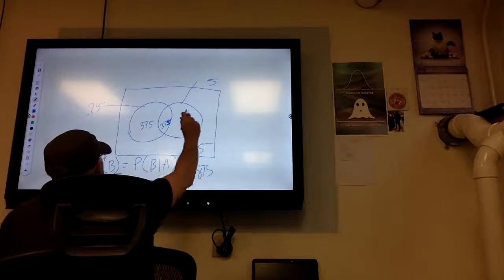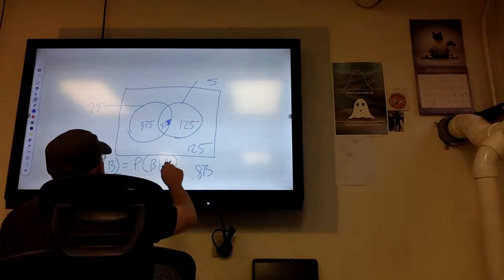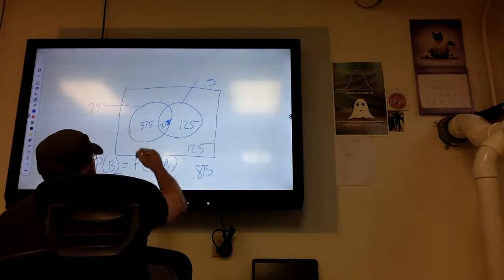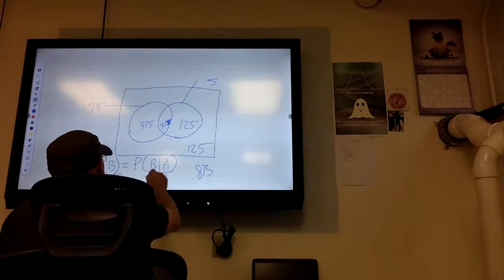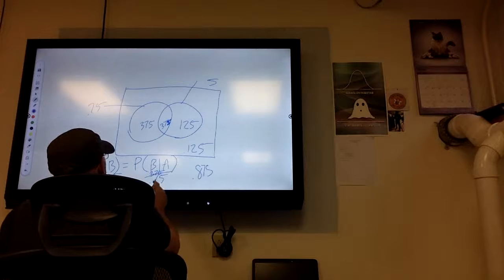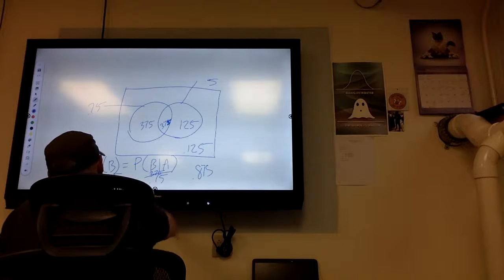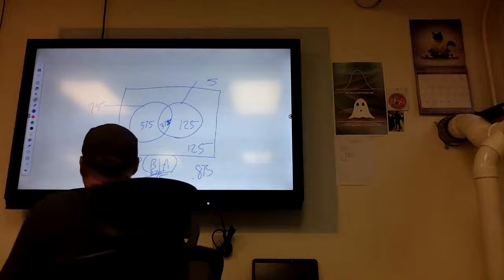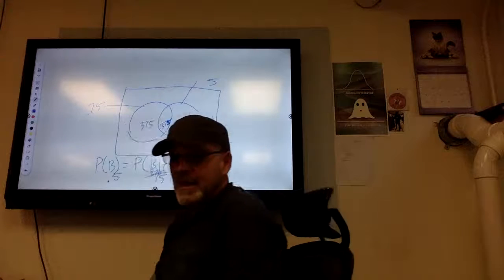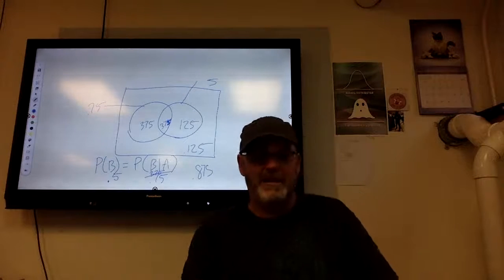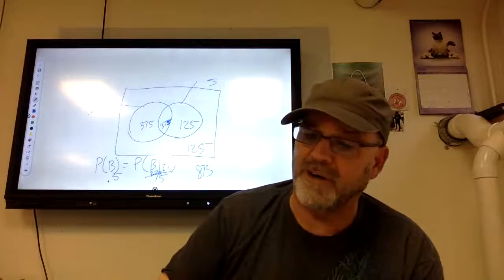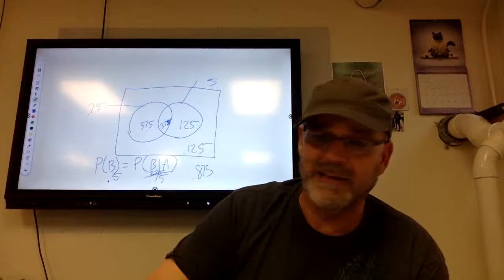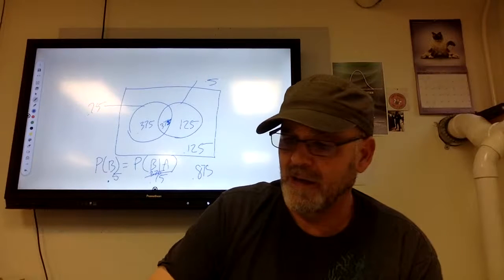Probability of B given A is 0.375 over 0.75, which is equal to 0.5. Therefore, they are independent. Boom. C is the correct answer. Look at that. C is the correct answer.